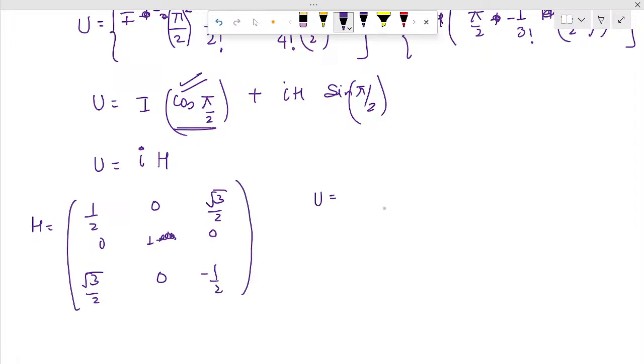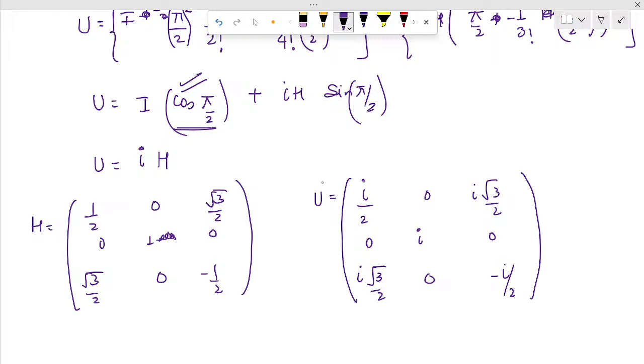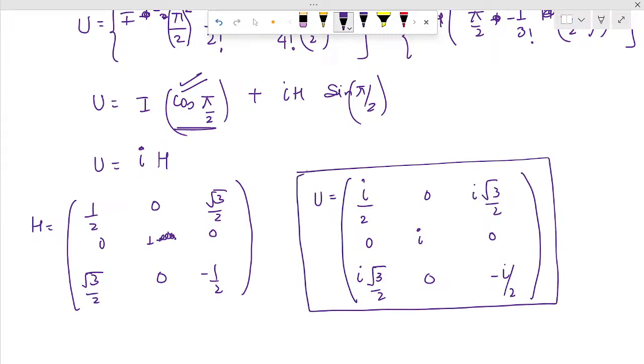U matrix would be simply iota h, which reduces to iota upon 2, 0, iota root 3 upon 2, 0, iota 0, and then you will have iota root 3 upon 2, 0, and minus iota upon 2. So this is your unitary matrix U which we are talking about. This is the unitary matrix U that we are talking about. I hope it is clear till now.